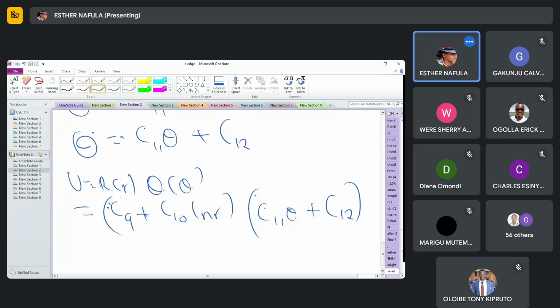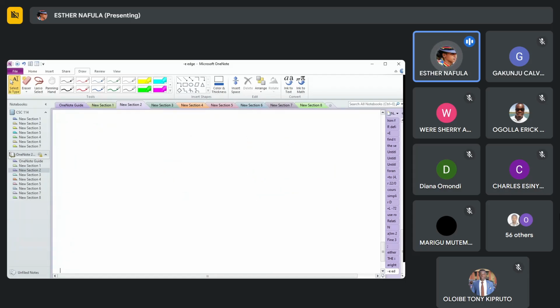Okay. Let's look at cylindrical coordinates. Solution of the Laplace equation in polar coordinates.